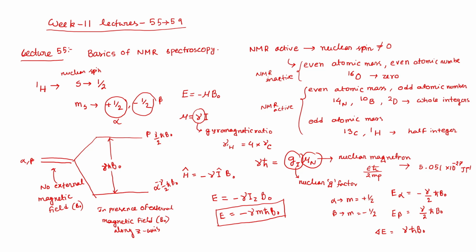NMR spectroscopy we are going to use for structure determination, right? To get an idea about the structure, suppose there is ethanol, or suppose some aromatic group is there, we are going to use NMR as a tool to understand the structure of a molecule. If all the protons are going to resonate at the same frequency, suppose this is what the energy gap is, right?